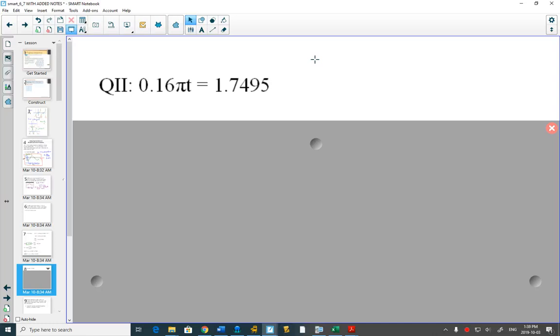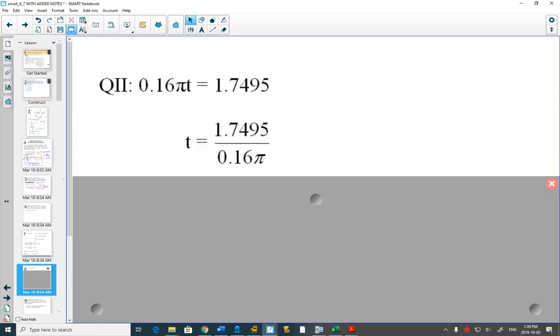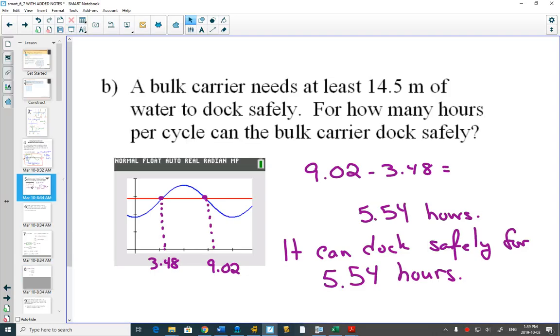Could I get t by itself? Yes. Now that's easy. I can just divide both sides by 0.16 pi, and there's the 3.48. That matches up with the 3.48 we found right here on our calculator.